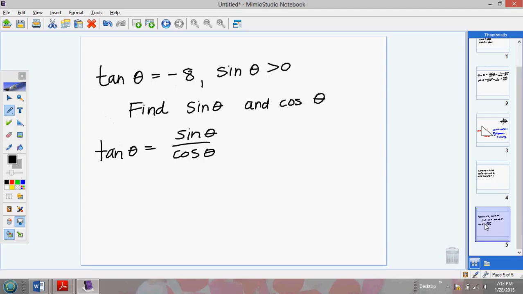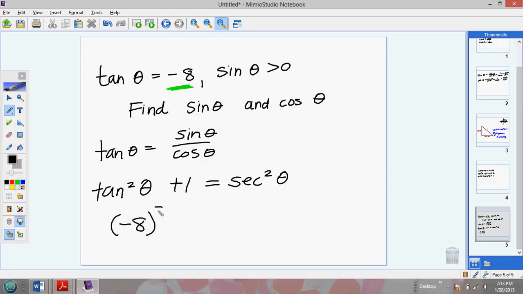So let's use that identity. Tangent squared theta plus 1 is equal to secant squared theta. Let's plug in the numbers that we know. Tangent equals -8, so we get -8 squared plus 1 gives me secant squared theta.